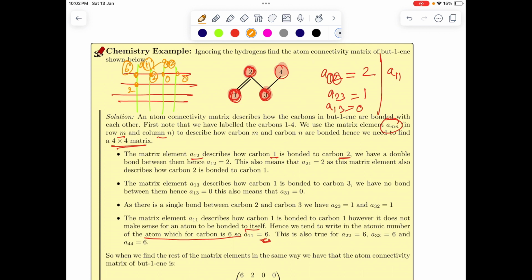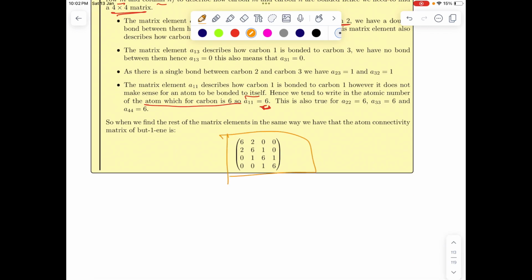A21 is the same as A12 because the number of bonds between 2 and 1 and 1 and 2 is the same thing. If I'm a friend of you, you are a friend of me, hence we are friends. What about A22? Every atom is bonded to itself, and by definition I have chosen to define it as the atomic number of carbon present there. So of course 6. So hence we have a nice matrix here.